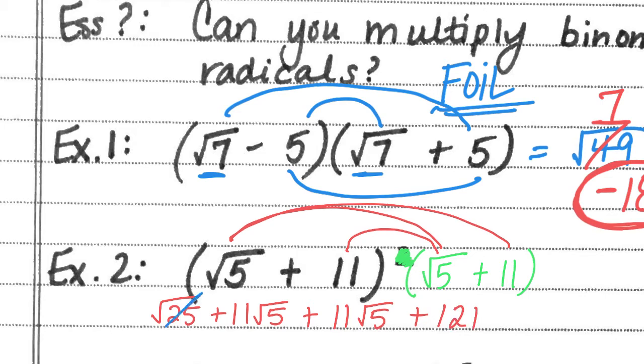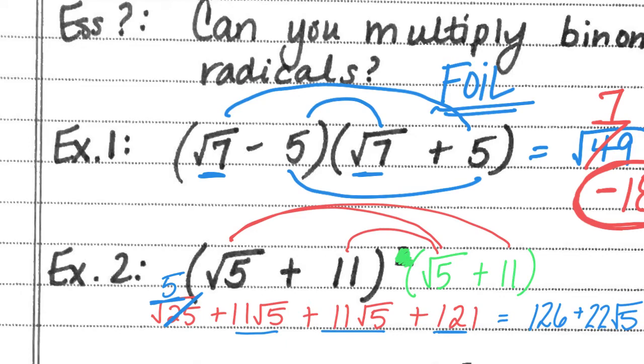So I know that the square root of 25 is 5. 5 and 121 add up to be 126. And then 11 root 5 and 11 root 5 adds up to be 22 root 5.